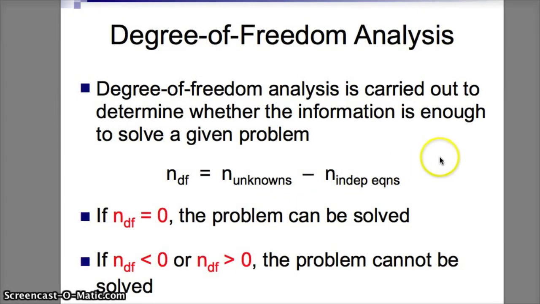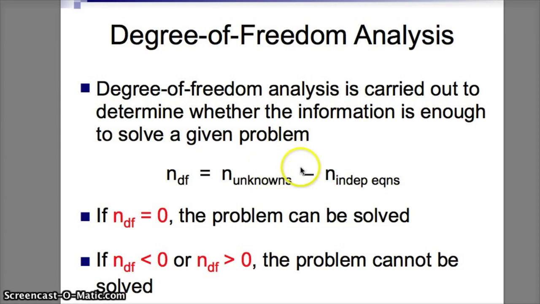Now let's have a look at degree of freedom analysis. Over time, the equations and flow charts or flow rates get more complicated, and since a lot less information is given, the degree of freedom analysis has to be carried out to determine whether the information is enough to solve the overall problem.